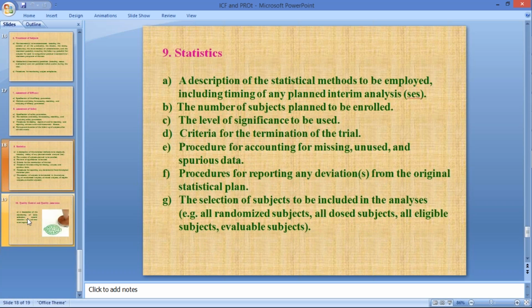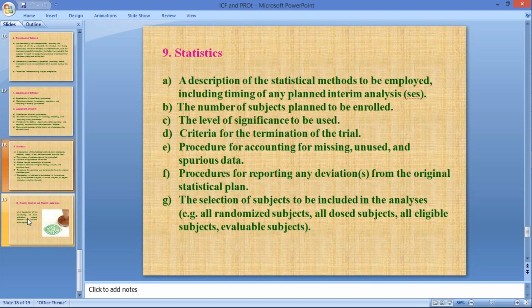Let's see, statistical considerations. Criteria for termination, level of significance to be used while analyzing data. Number of participants, how many subjects are planned to be enrolled, and description of the statistical methods employed. Interim analysis, the timing of the interim analysis, in the middle of the trial if you want to go for analysis, when to go, what is the criteria for it, any procedure for missing, unused, spurious data, and procedures for reporting any deviation from the original plan.